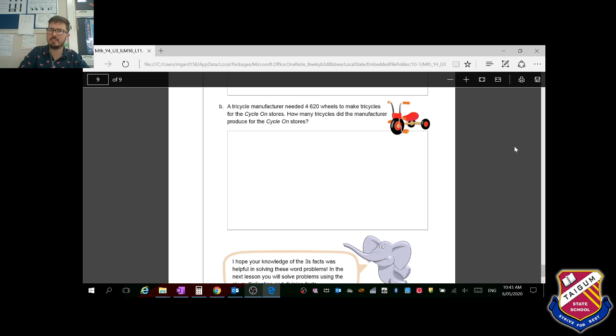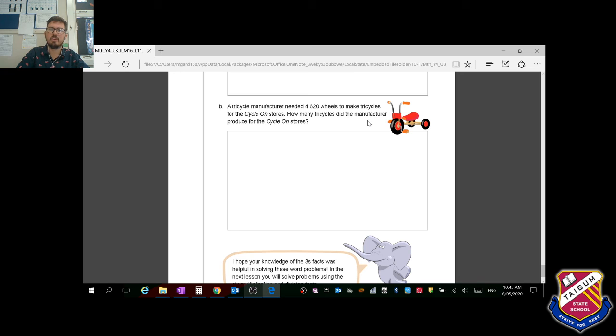Next one. This was a hard one. Even Mr. G had to think. 4,620 wheels to make a tricycle. Tri means 3. So I am trying to find one of the parts, aren't I?